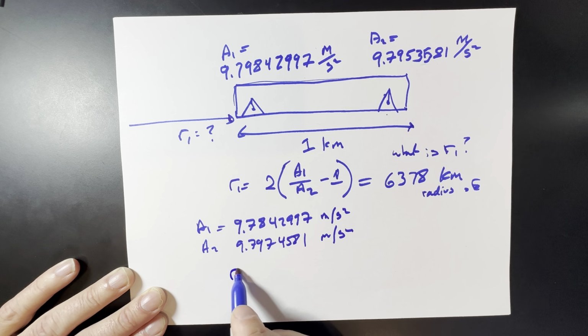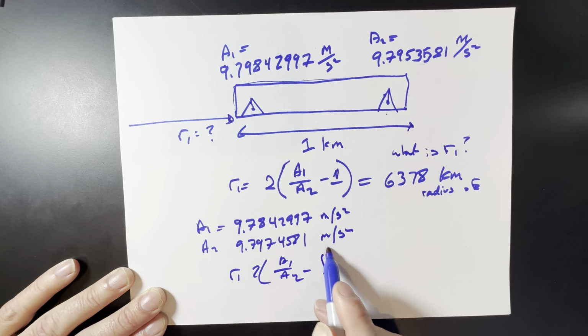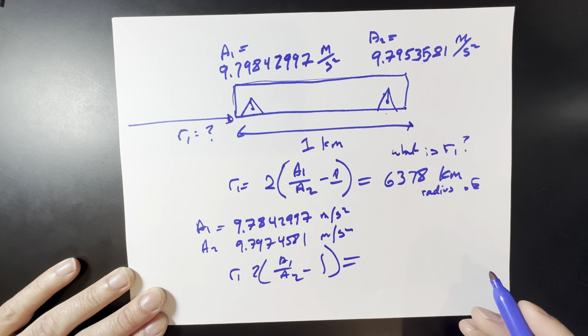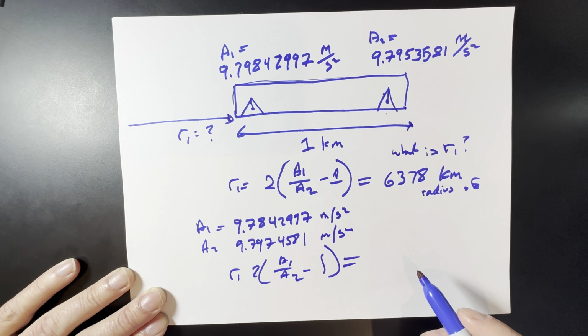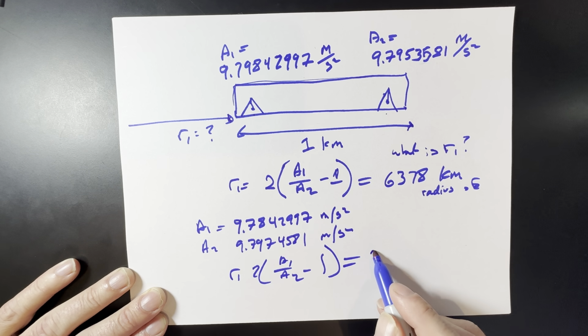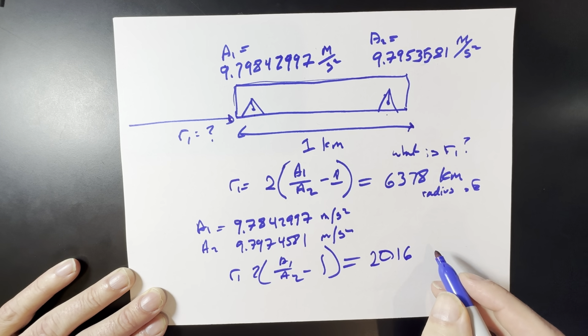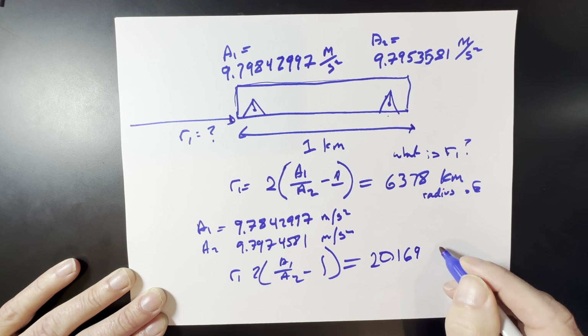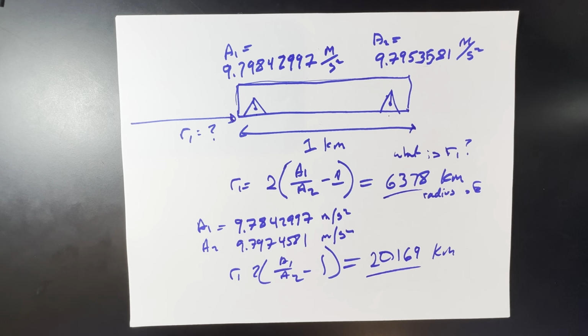And then R1 in that case would be 2 over A1 over A2 minus 1, which equals a radius of 20,169 kilometers. Okay, so it works in both cases.